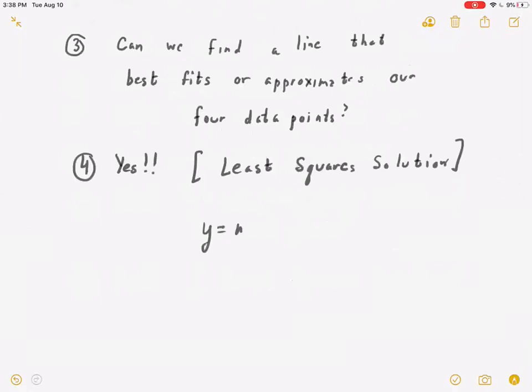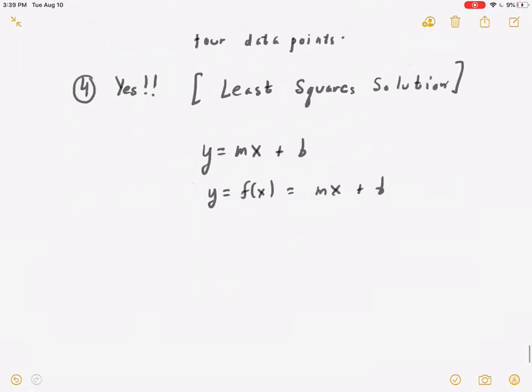So the equation of a line is y equals mx plus b. y is some function of x. And I don't know what m and b are, but I have 4 data points. So for each one of these data points, let's say v sub 1, I know that x is -1 and y is 0.